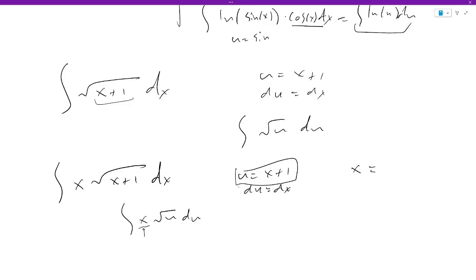In the u universe, x is u minus 1. That's actually a big deal because that means in this integral, I can replace that x with u minus 1. And now this whole thing is in terms of u.